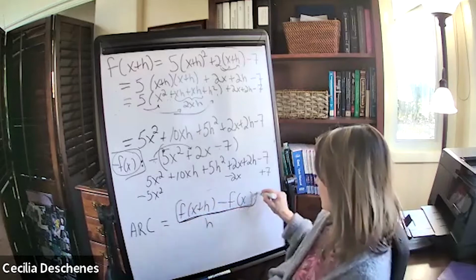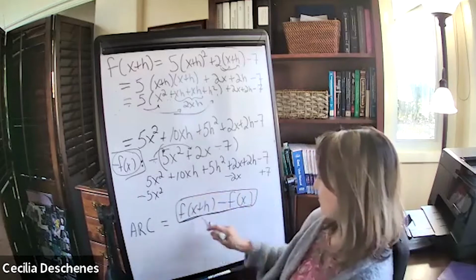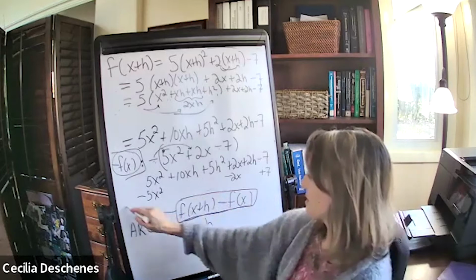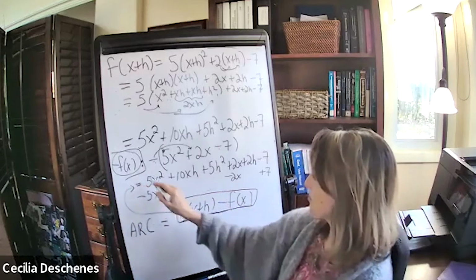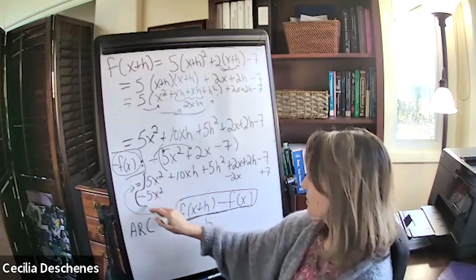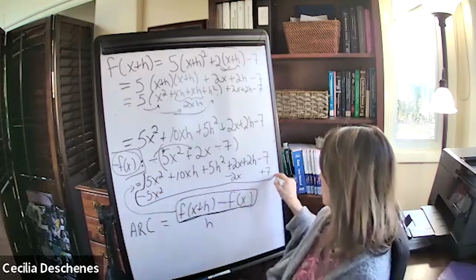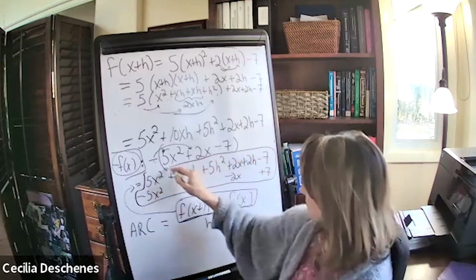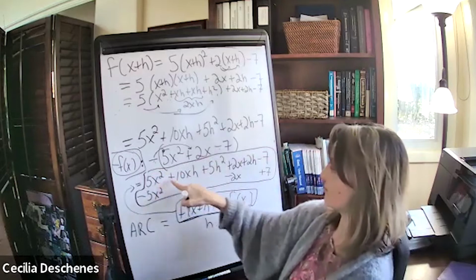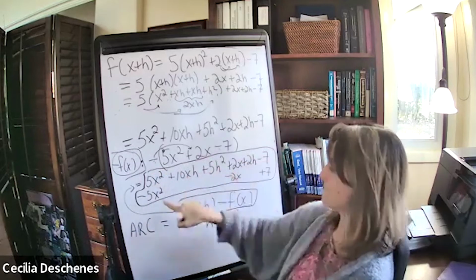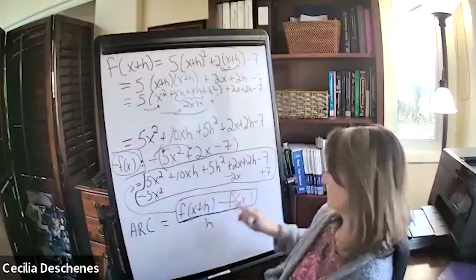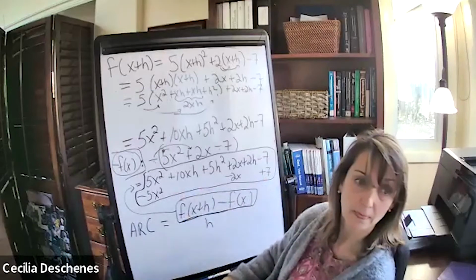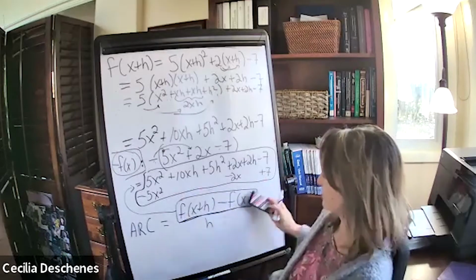Just the numerator, f of x plus h minus f of x is what this is. This is equal to this. So we have the f of x plus h minus f of x. Okay? Now I need the space, so I'm going to have to erase this.